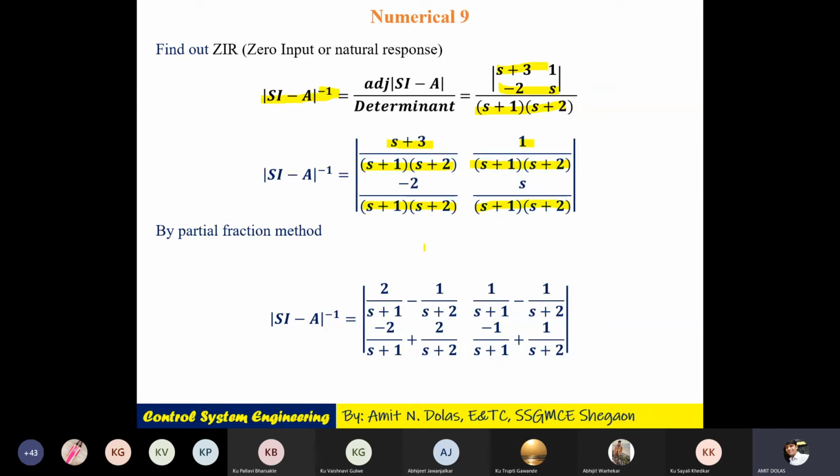So there are 4 terms. So by the partial fraction method, you know how to write partial fractions. This term is written in terms of A by s plus 1 plus B by s plus 2, and we got the value of A as 2 and the value of B as minus 1.